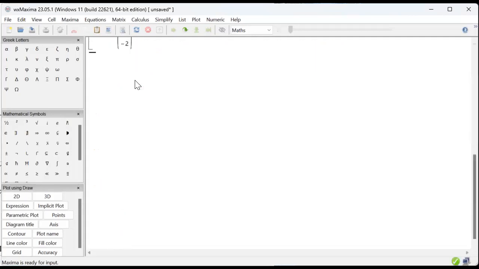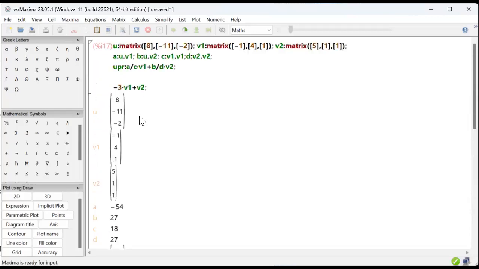Does that give us U? Hey, it does. Look at that. So in fact it's -3 times V1 plus V2. That's the linear combination for U.